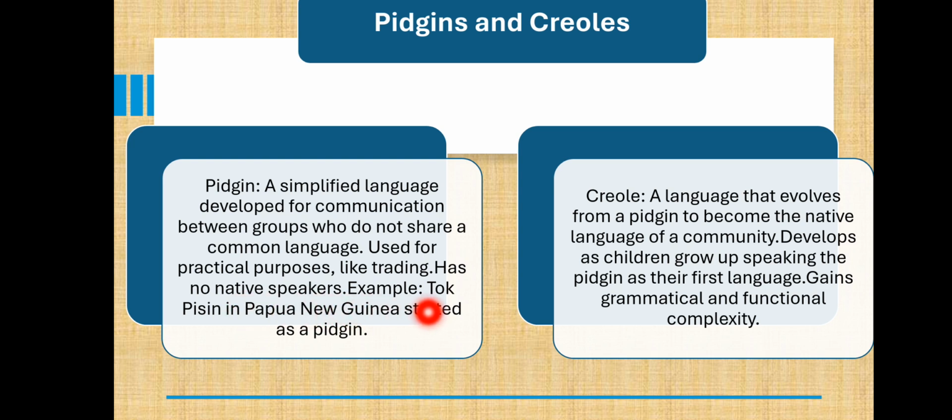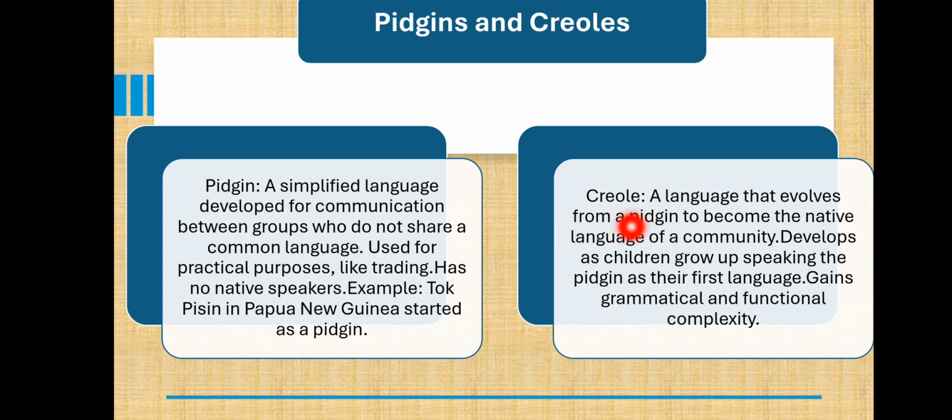Okay. For example, we have Tok Pisin in Papua New Guinea, which started as a pidgin. So this language, what we call Tok Pisin, originated or started as a pidgin language, located in Papua New Guinea.